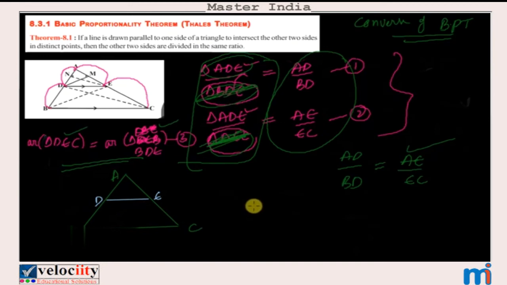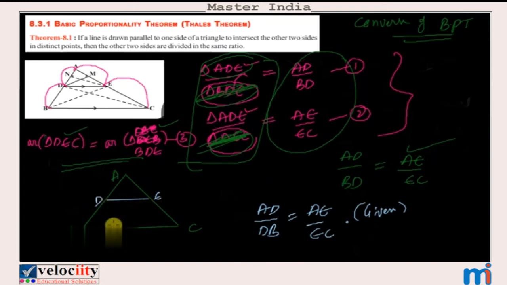When it is cutting AB and AC in the same ratio, it means that AD by DB is equal to AE by EC, right? So this is given. We have to prove that DE is parallel to BC.